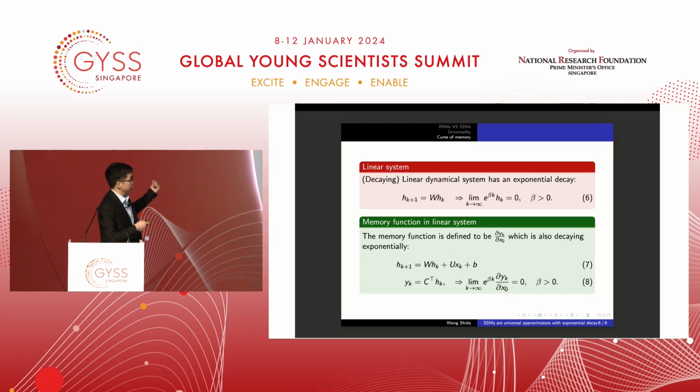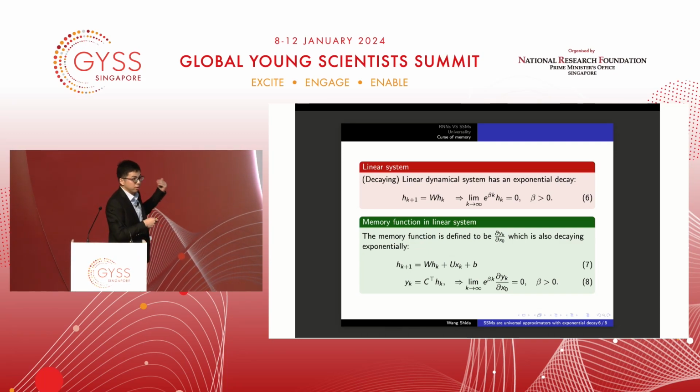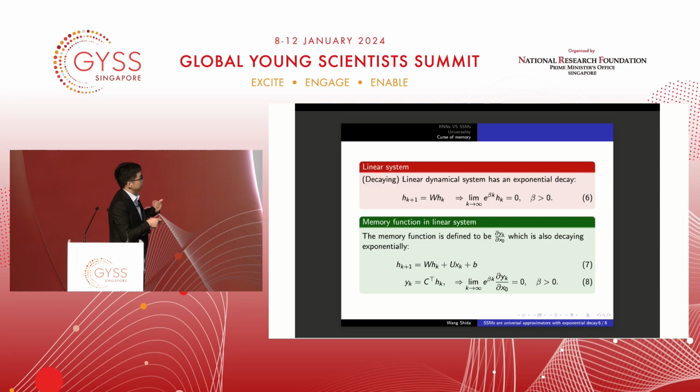I'll just illustrate with this linear system because most of the part can be seen from the linear system. For the simplest linear system, consider the update h_{k+1} = W h_k. If we assume this iterative process is bounded, then the eigenvalues of this recurrent weight matrix W need to be in the unit disk.